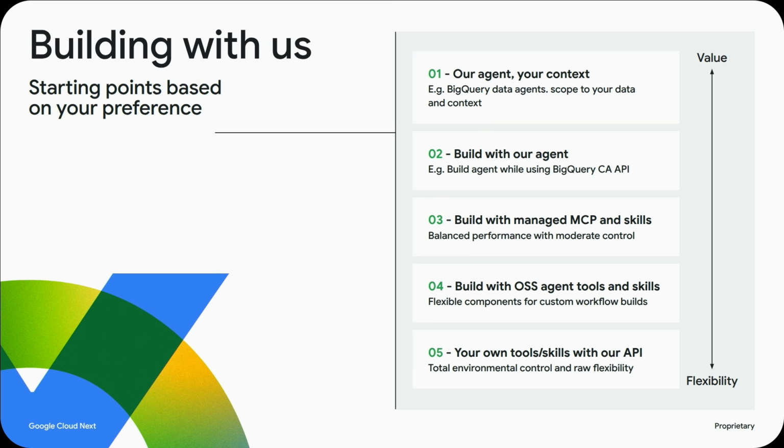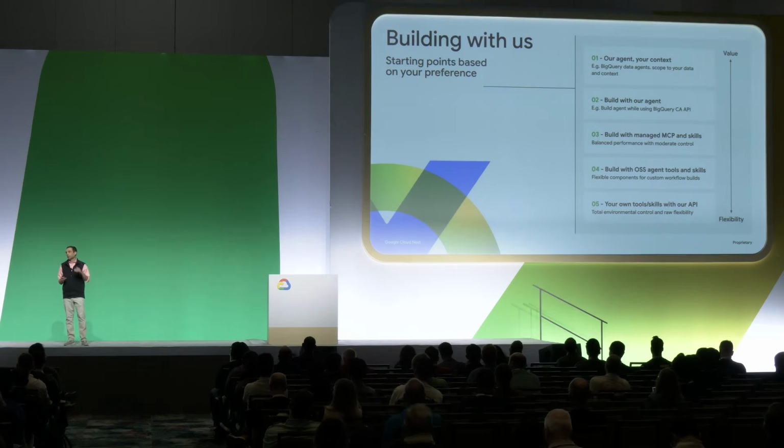For example, all the way at the top is the concept of a data agent, where you offload the core agentic harness, reasoning, as well as access to Gemini to us, while you bring in your own context. While as you go all the way down, you of course have our APIs that you can use to build your skills and tools as you build your own agents. In between, there are multiple open source and managed options, and that's what we're going to cover today.